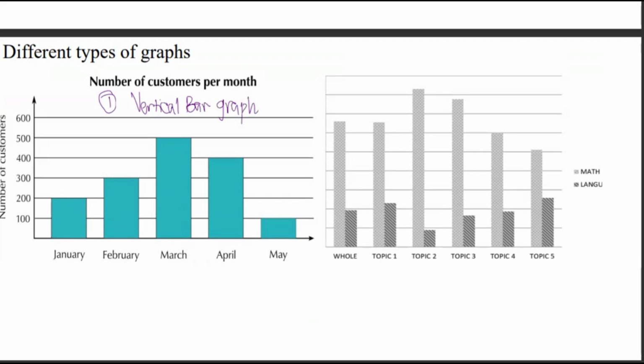Then the one we see on number two here, we call it a double bar graph, even though you don't put vertical. Vertical simply means they are standing, facing upwards.